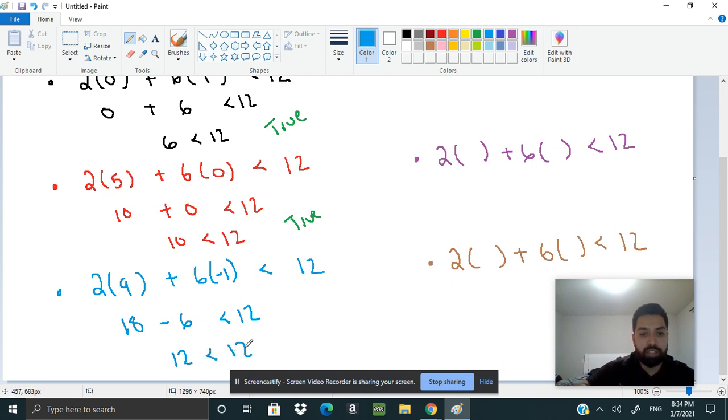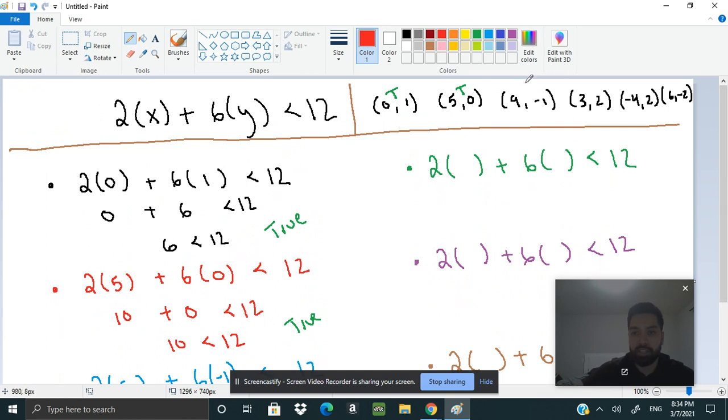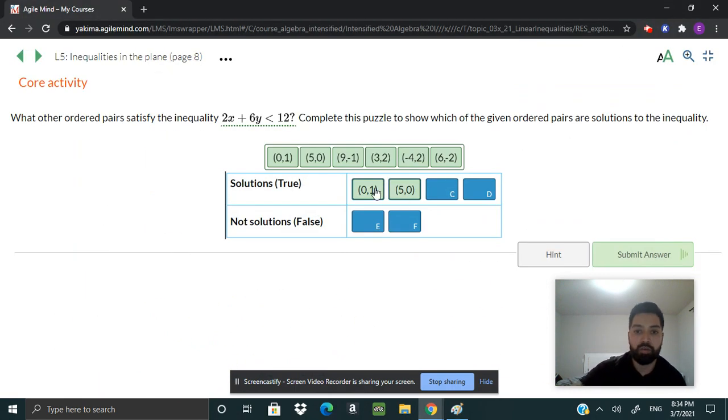Is 12 less than 12? No, 12 is actually equal to 12. So this inequality is actually false, which means this coordinate is not a solution to our inequality. So we would take the 9 and the negative 1 and bring them down here to the false category.